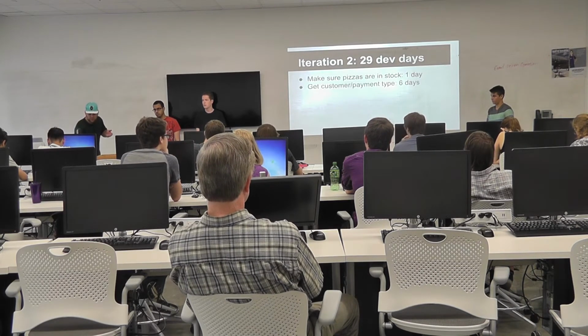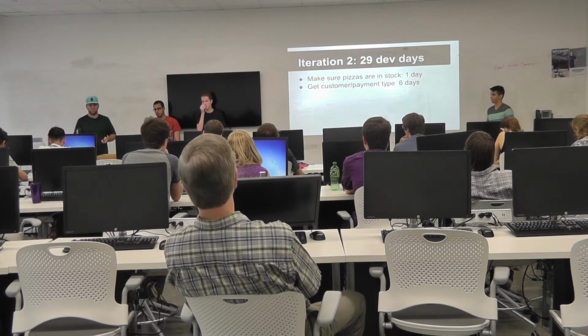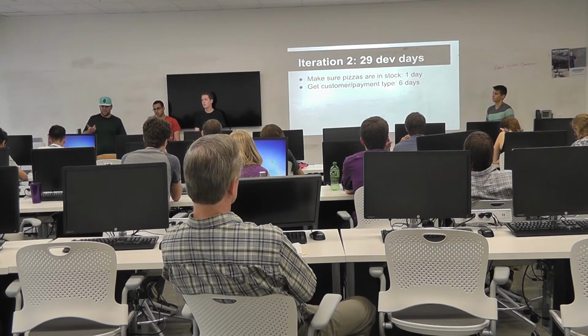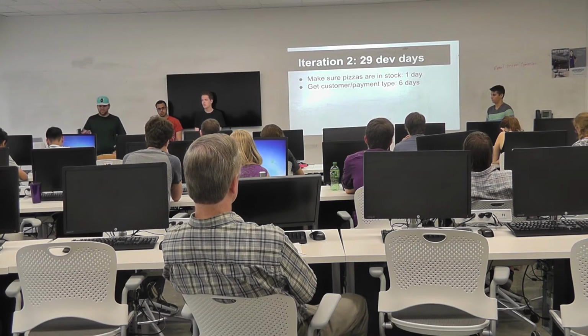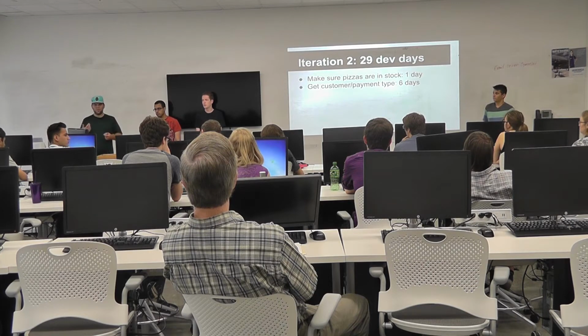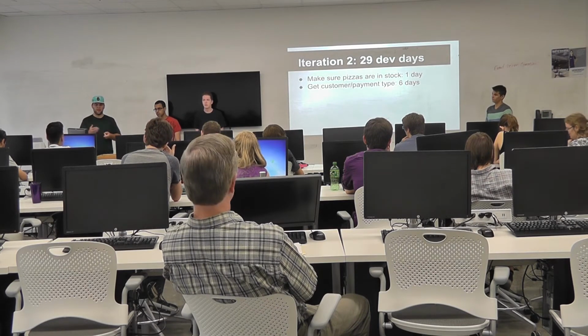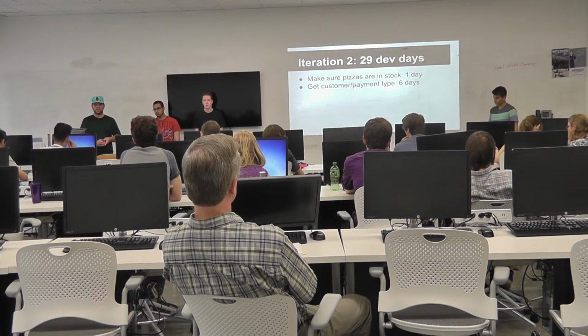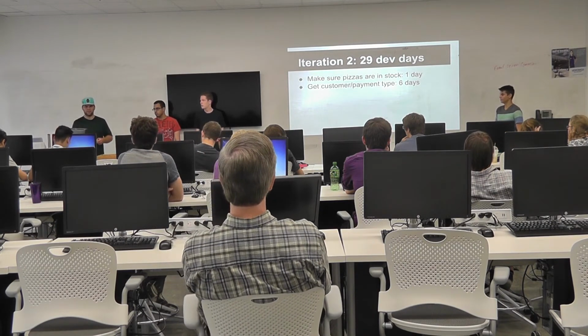Second iteration, we took a little bit longer because we didn't want to split this up into 2. We had to make sure the pizzas were in stock, which took 1 day. It wasn't too hard. We had to get what the customer was doing, walk in or online order, as well as their payment type, which took a bit longer because we had to interface with Visa and MasterCard.